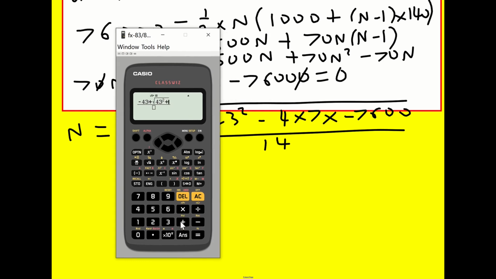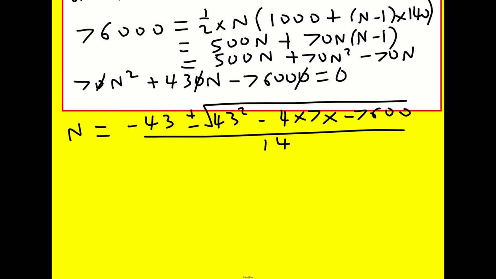Okay, I've got a double negative, so I can just ignore that and do 4 times 7 times 7,600. And we get 30.0215. I should probably just say ignore a negative solution.